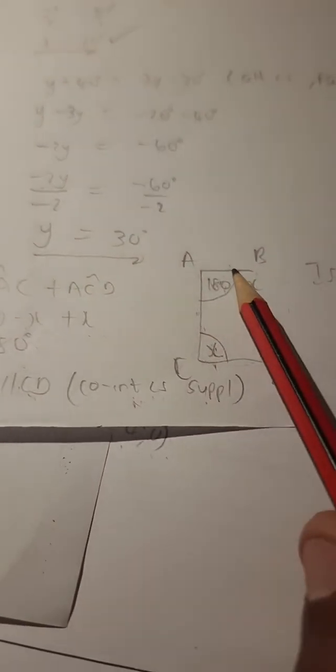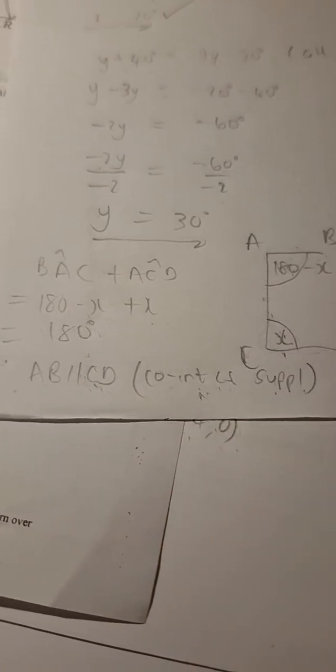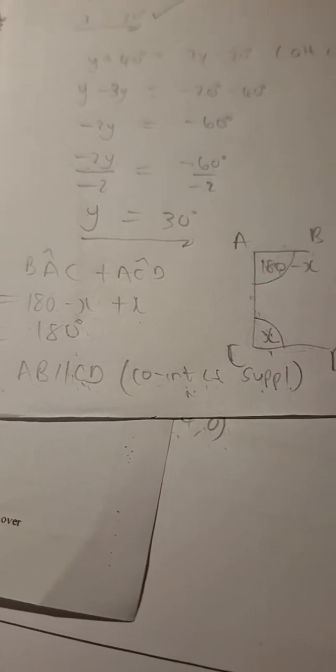That's your second way. And then lastly, if you can prove that co-interior angles are supplementary, then that also means you have proved that the lines are parallel, and that's your reason. Co-interior angles are supplementary. Okay.